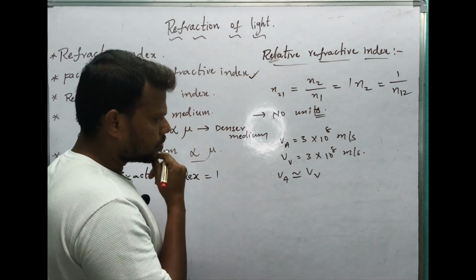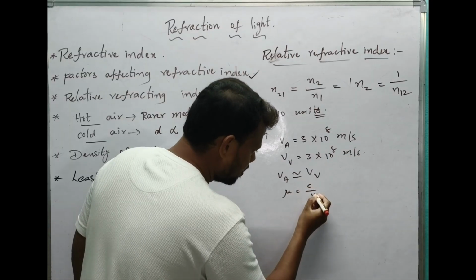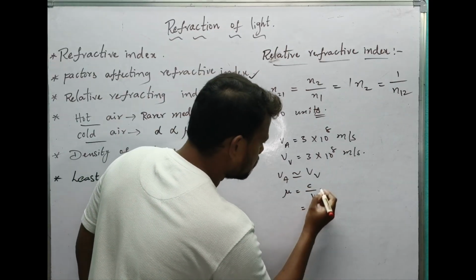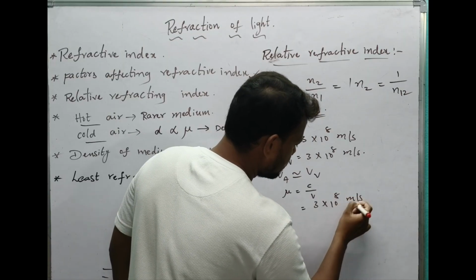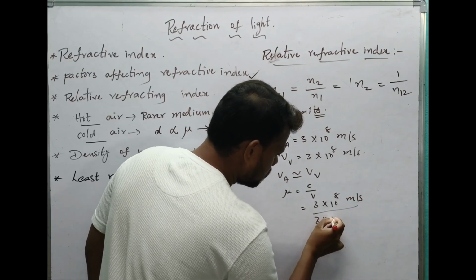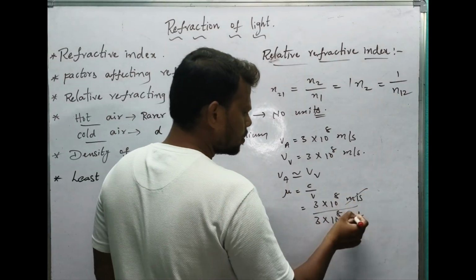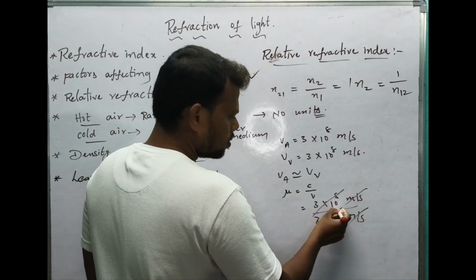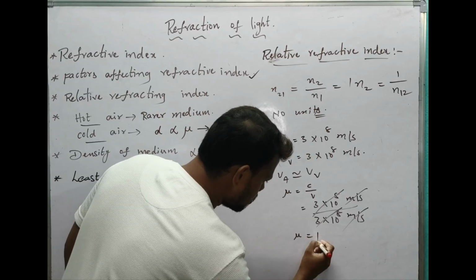Then what refractive index do you get? The refractive index is equal to c by v, which is 3 into 10 power 8 meter per second by 3 into 10 power 8 meter per second. The units cancel, the numbers cancel, and finally the refractive index is equal to 1.